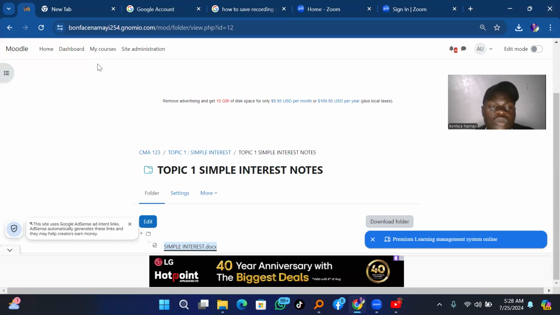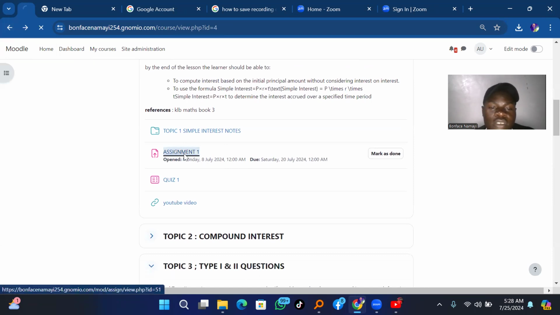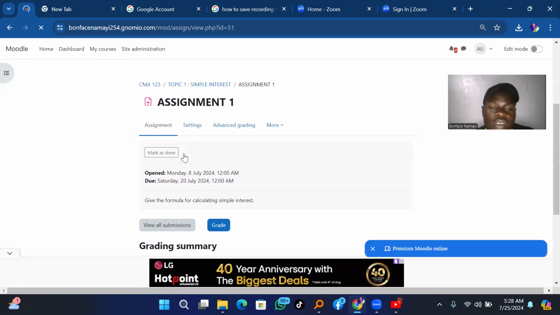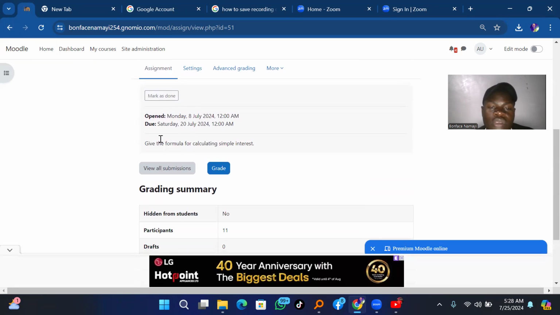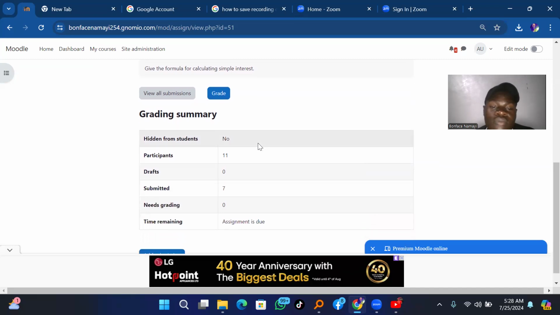Then I go straight to the activities. I have posted an assignment here, assignment 1. It's just a simple one. We're just going to give the formula for calculating simple interest, which is principal times rate times time. I posted an assignment, at least 7 attempted.